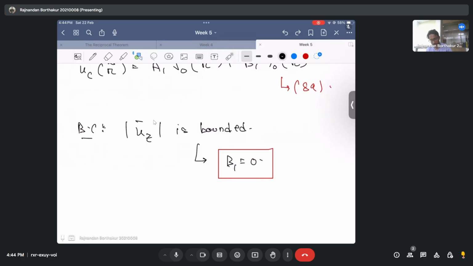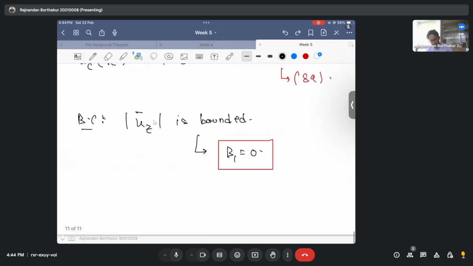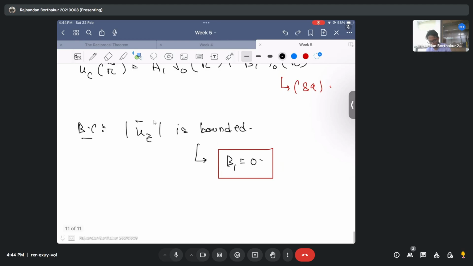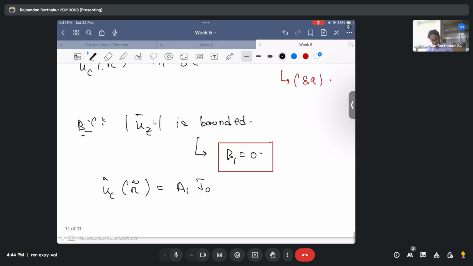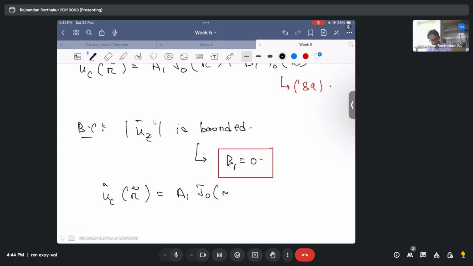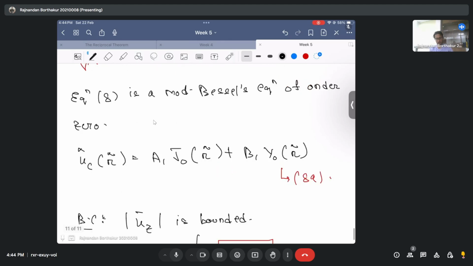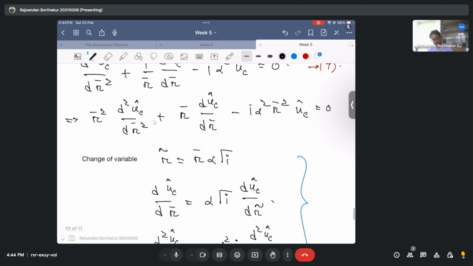So we'll evaluate the other constant very shortly. But before that, I can at least now say that my complementary solution, UC hat of R tilde, is some A1 times J0 of R tilde, where you remember R tilde was alpha root I r bar. That's the transformation that we did, right?